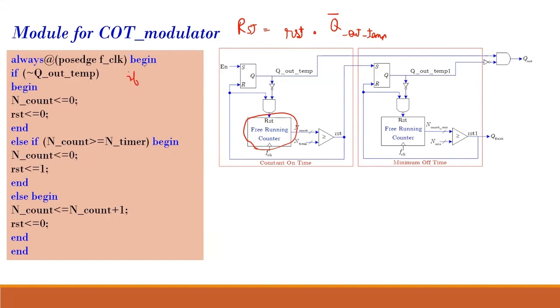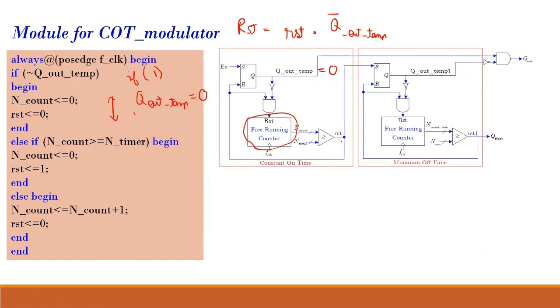If my Q out temp was 0, then this will take the value 1, and then I will enter into this code. So when Q out temp takes the value 0, I will implement this line of code. I will give n count the value 0 and reset.